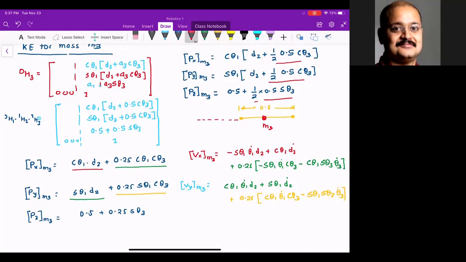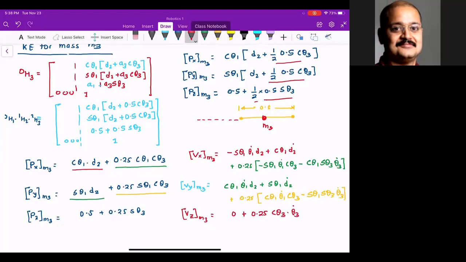Eric, does it make sense? Did I make any mistake? Good, thank you. Vz of M3: derivative of first term 0, derivative of second term 0.25 cosine theta 3 dot.